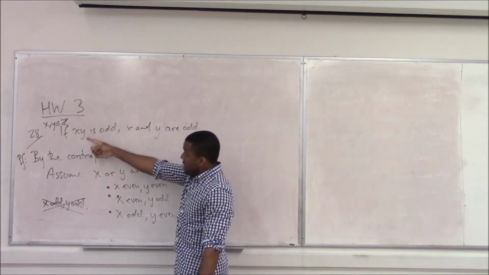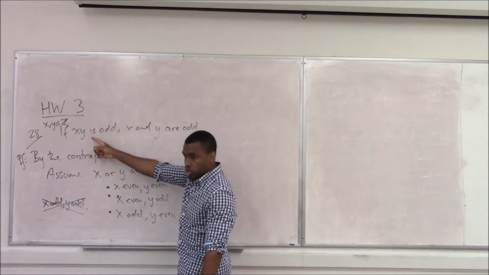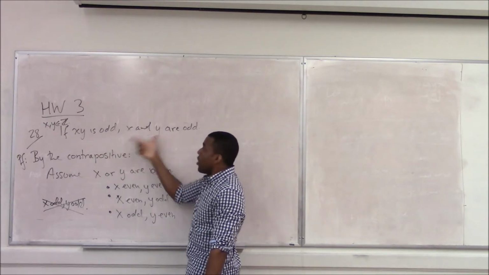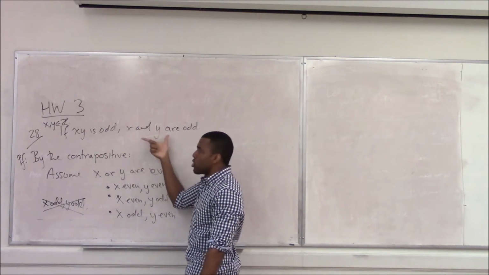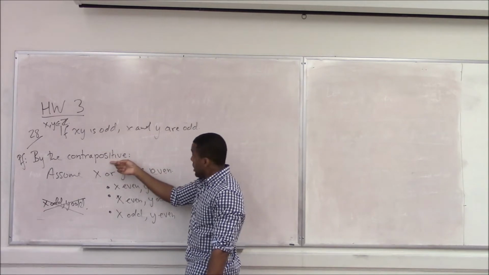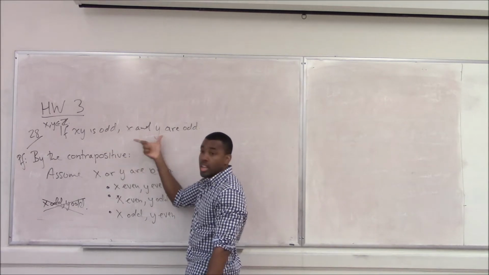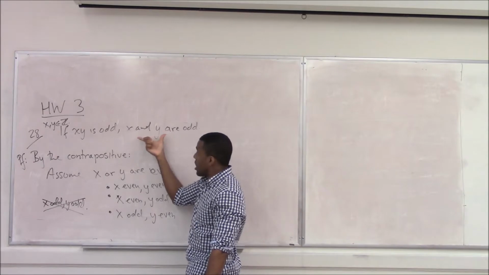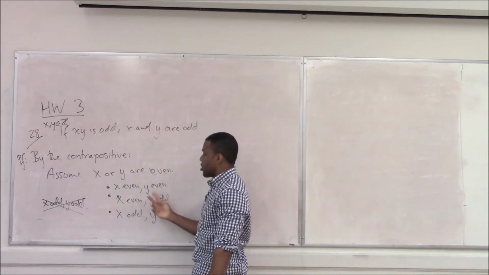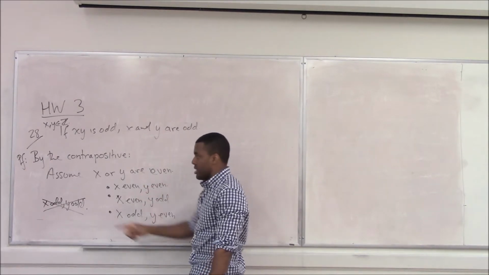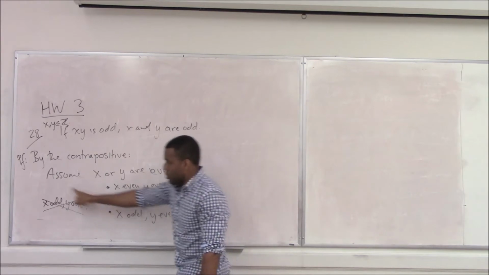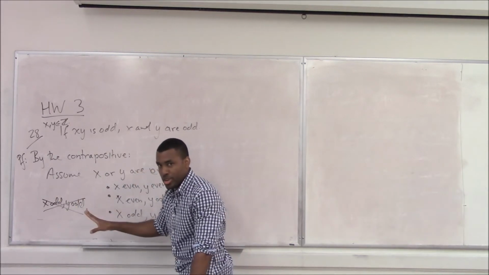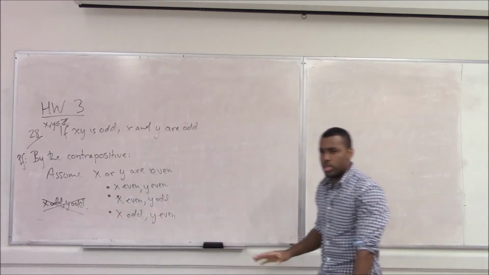Now obviously starting here is going to be sort of tricky, so you want to start here and go that way, but in order to do that you have to use the contrapositive, and the contrapositive means you have to assume not this. And if both are not odd, it means one or the other or both are even. It does not mean that. So the moment you start writing this, you're going backwards and you got confused about what you're supposed to be doing.